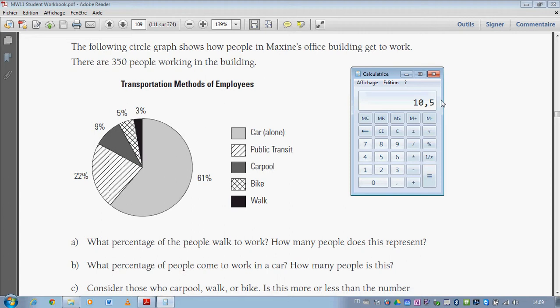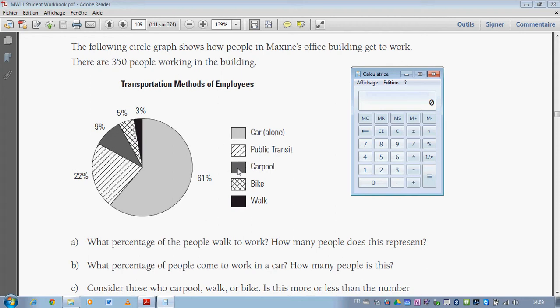Okay, B is asking what percentage of people come to work in a car. How many people is this? So the people that come in a car, here you've got car alone, so that means they don't carpool, but we've also got a percentage of people that do carpool.